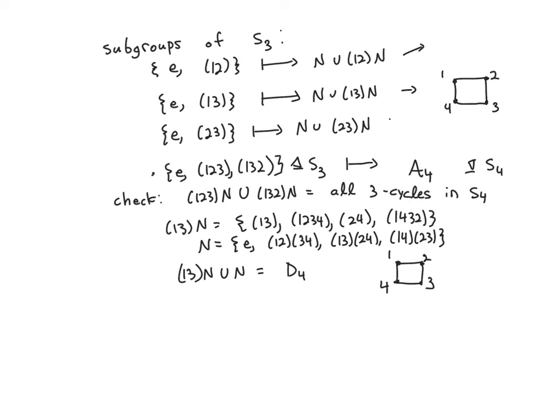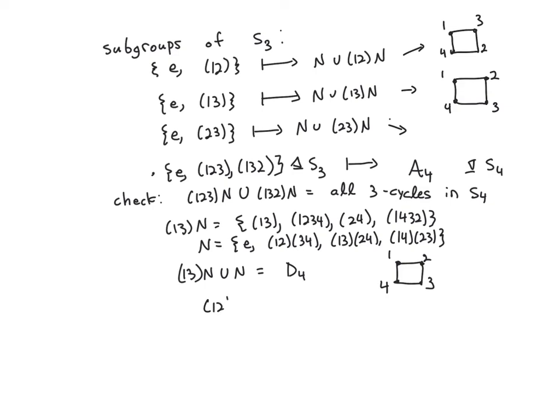Oddly enough, the other two also end up being similar permutation groups, but they involve different labelings of the square. So remember correctly, this one ends up corresponding to what happens if your group member accidentally screwed up and swapped the 3 and the 2.